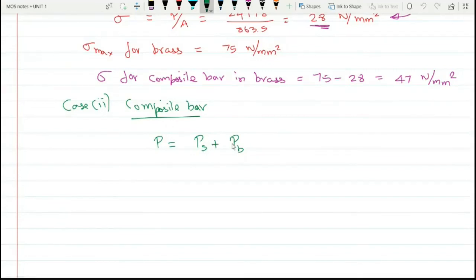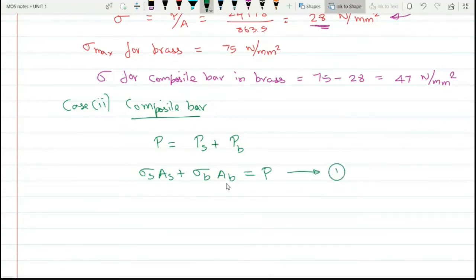Because we have the values for stress, I am equating accordingly. Since I don't know the P value, I'm writing it the other way: sigma S AS plus sigma B AB is equal to P. Let me consider this as the first equation.